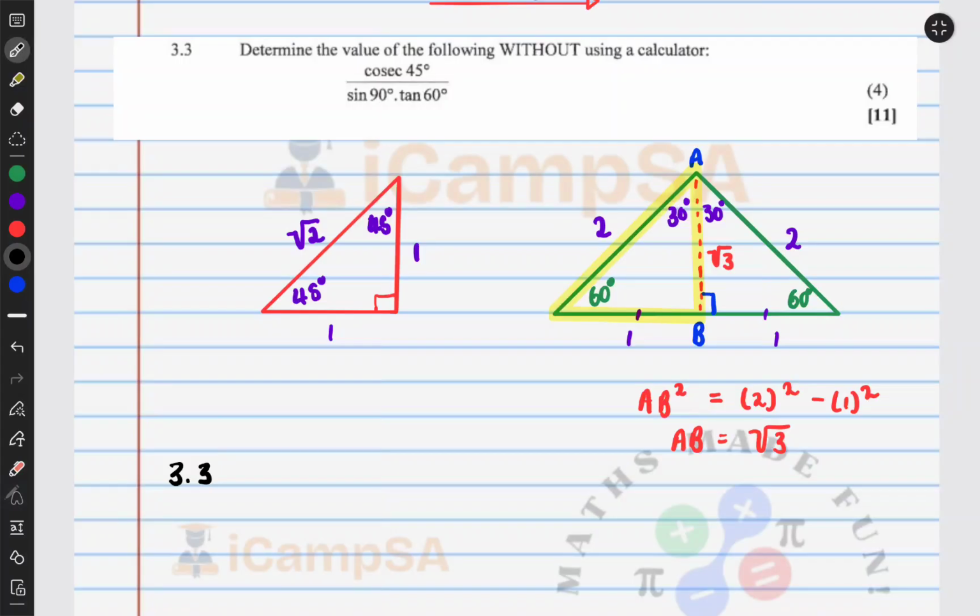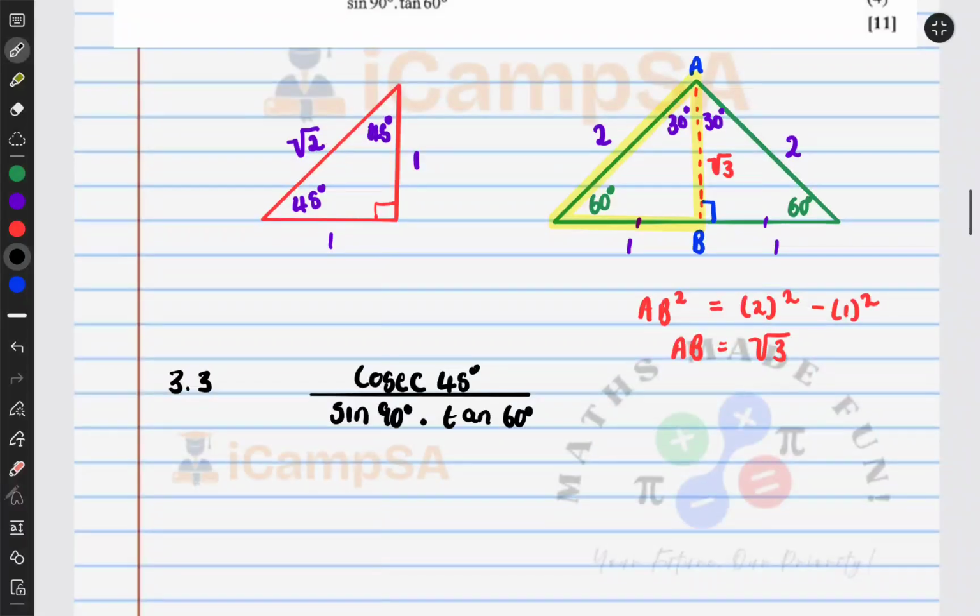So first things first, we have cosec 45 degrees over sine 90 degrees multiplied by tan 60 degrees. And we know that cosec 45 is the reciprocal of what? Of sine. The ratio of sine is opposite over hypotenuse, and the ratio of cosec is hypotenuse over opposite, because this is reversed.